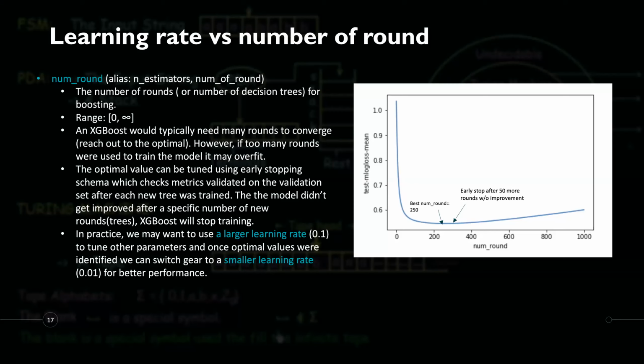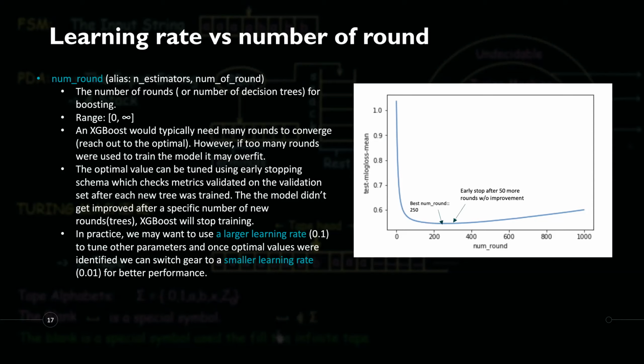Typically, the larger the number is, the more complex the model becomes, right? And we would expect to see the bias decrease. But again, by making the model more and more complex, the model can become too complex and overfit.